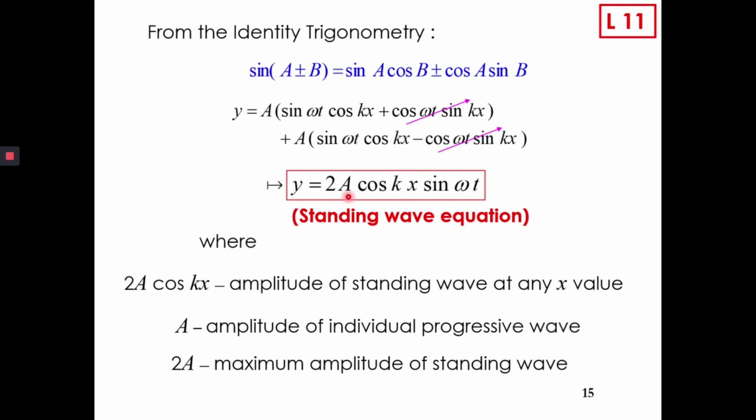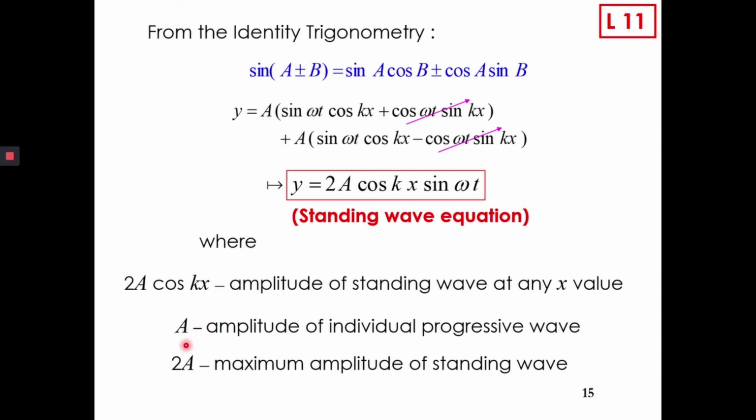A is the amplitude of the progressive wave. So 2A cos kx is the amplitude of the standing wave at any x value. Means, at any point x, the amplitude of the standing wave is different.